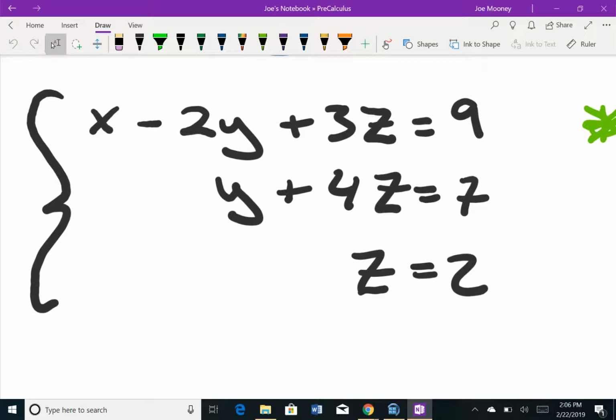So before I move on, I can't say it enough times. My personal preferred method is to use a variable, whichever line it might be in, with the coefficient 1. If you've got a 1x, sometimes you won't, you'll have to manipulate it.